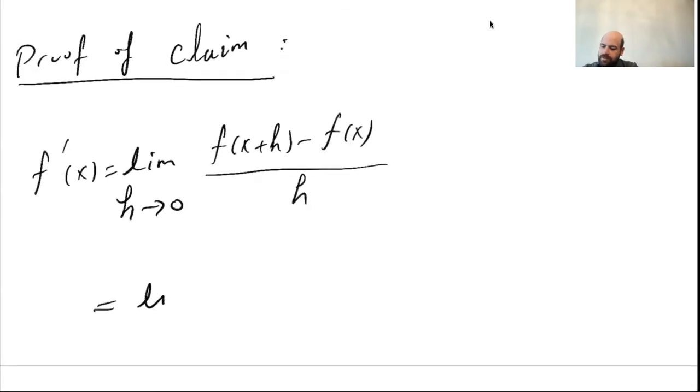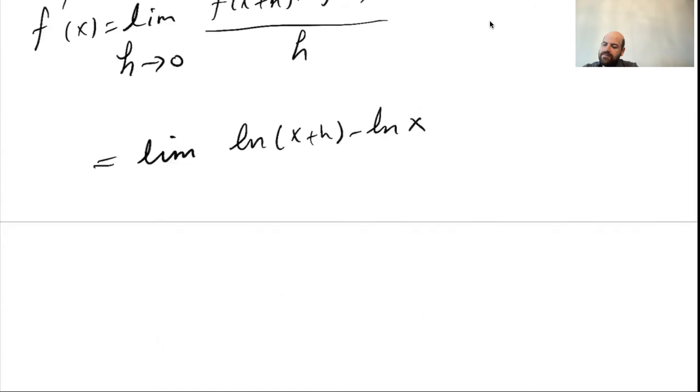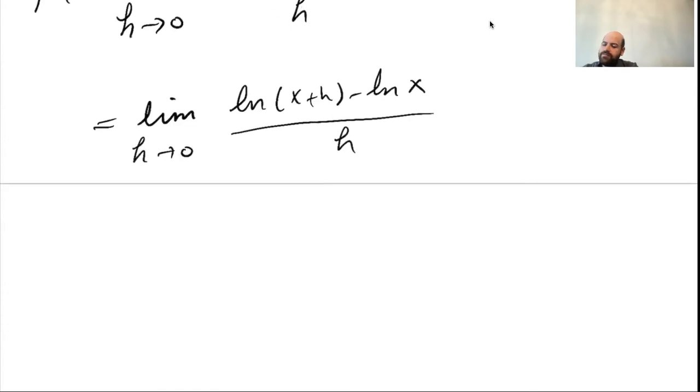This is going to be limit ln of x plus h minus ln x, f of x is ln x, right, divided by h, h approaches to 0. And then we can use the log properties.